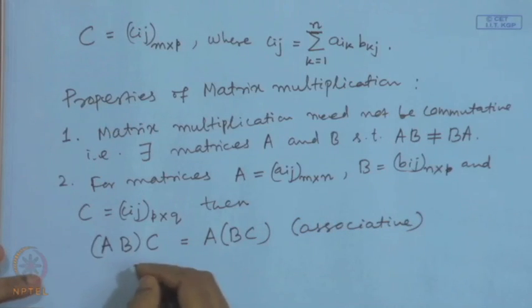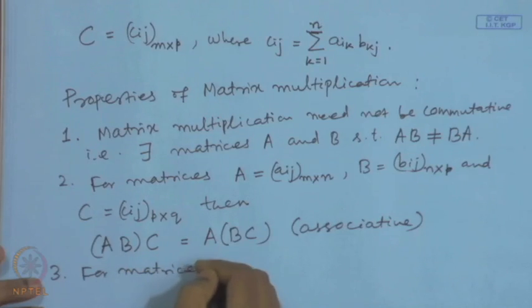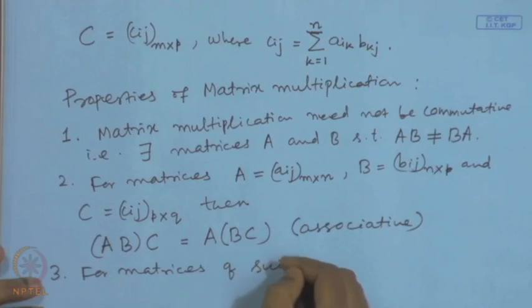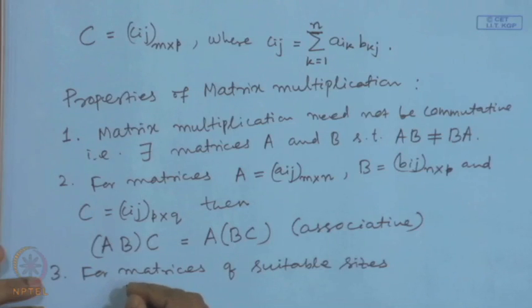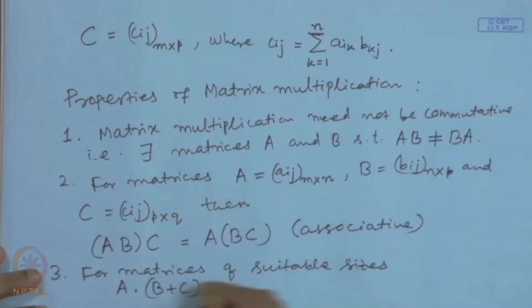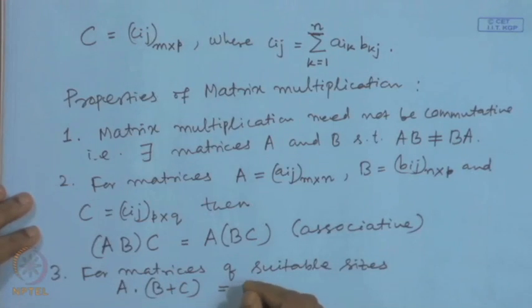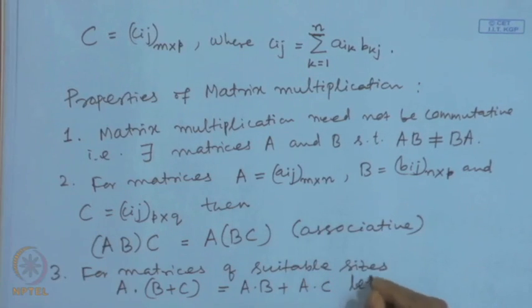Also, this matrix multiplication is distributive over addition. For matrices of suitable sizes, we have A dot (B plus C) equal to A dot B plus A dot C. That is left distributive.